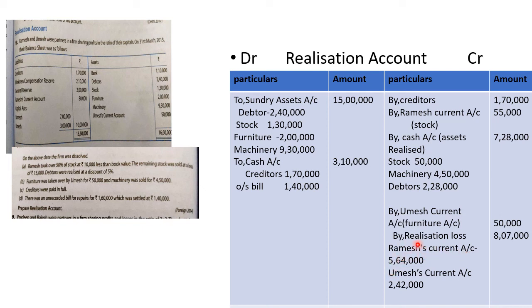When the partner is maintaining the current account, all the adjustment will be recorded in the current account. So in which ratio? Here the ratio is given that they are sharing the profit and loss in the ratio of their capital, that is 7:3. In this way, we have to prepare the realization account. Okay. Thank you.